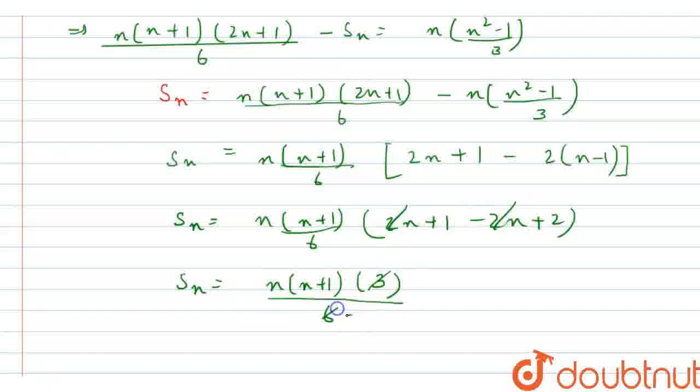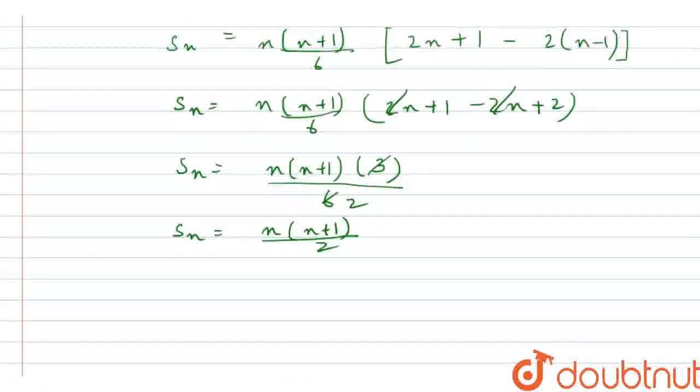So 3 twos are 6, and we are left with Sn is equal to n into n plus 1 by 2. Now one thing to note is that if Sn is equal to this, then S of n minus 1 would be equal to n into n minus 1 upon 2, correct?